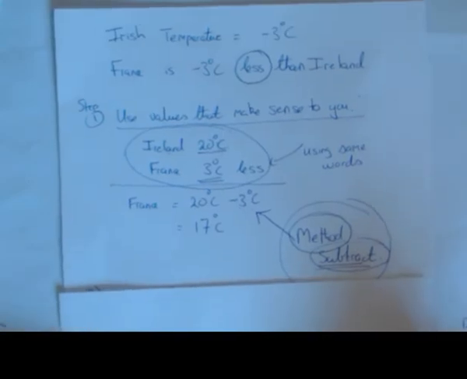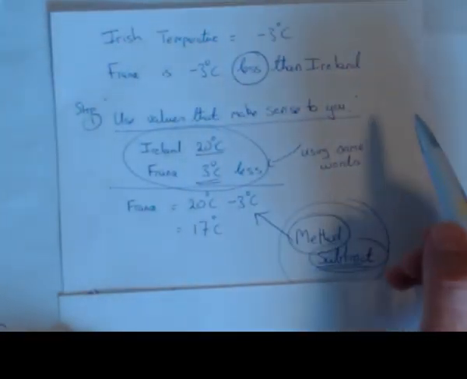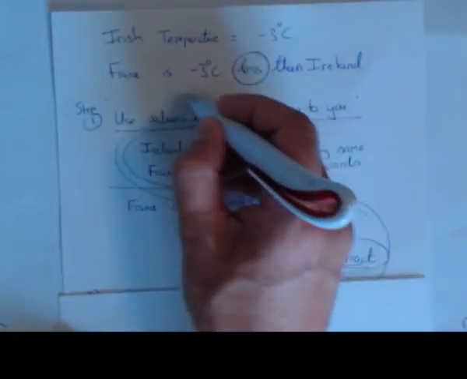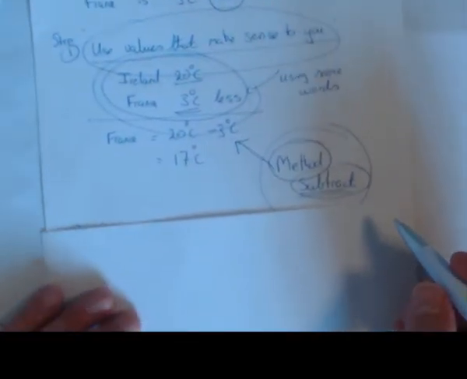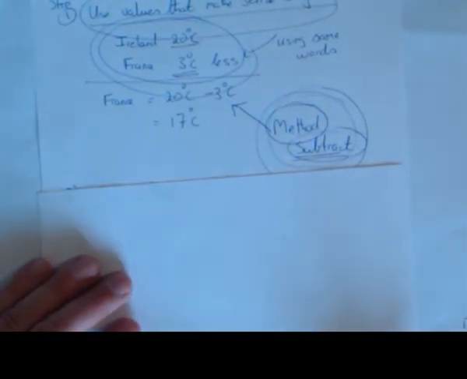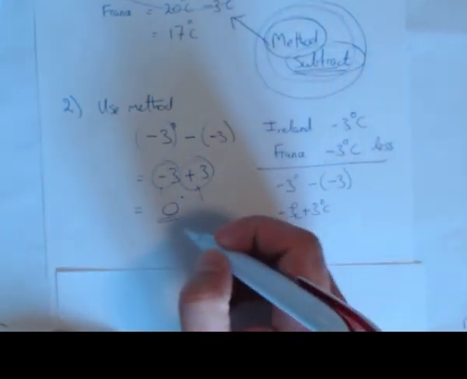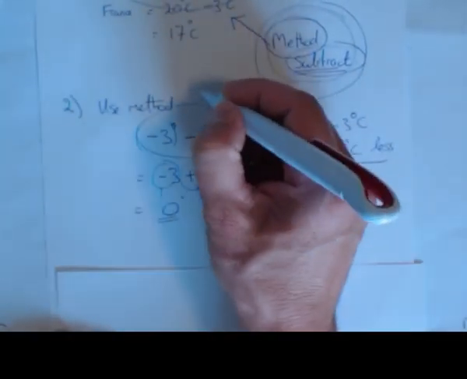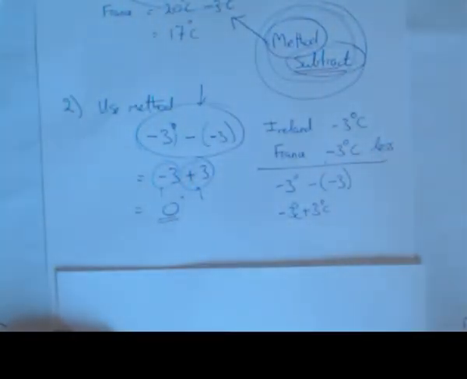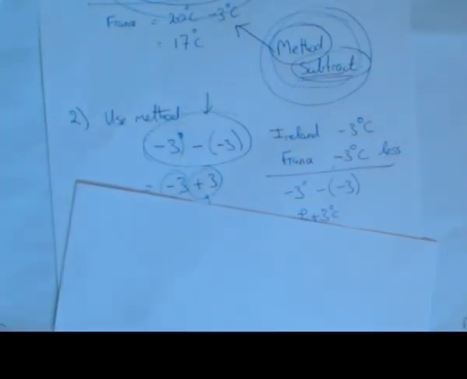Similarly, if you're told how many degrees less it is, you use values that make sense to you to create a method, a way of figuring out the question. Once you've figured out how to do the question, you can use unusual numbers, numbers that are not intuitive to you, and you'll get the right answer. Okay, so go ahead and have a go at these questions.